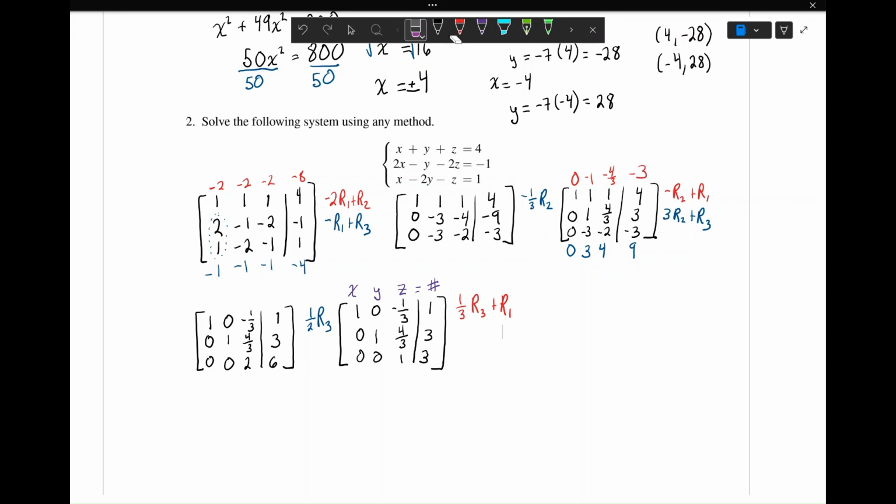I'm going to erase these letters here so I can write my numbers in. So I get 0, 0, 1/3, 1. Negative 4/3 row 3 plus row 2. I'll go ahead and write that down here. Oh, I apologize.